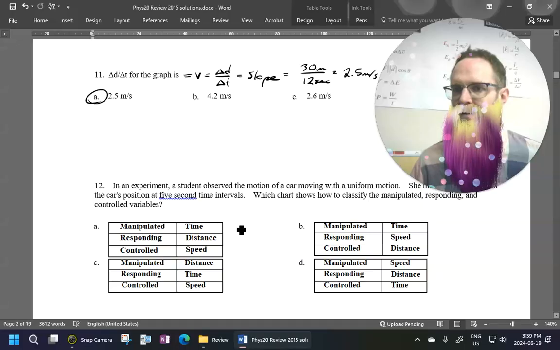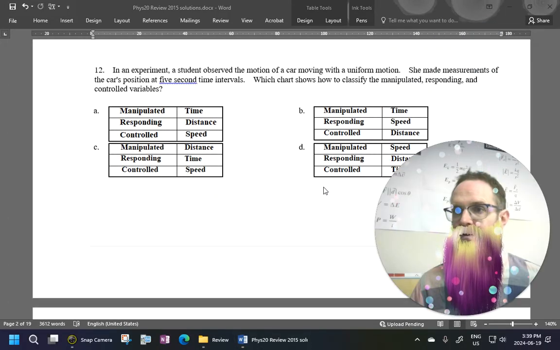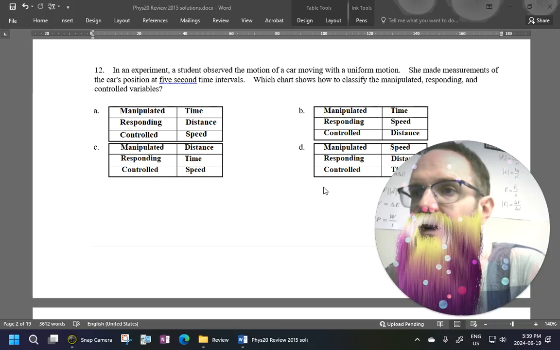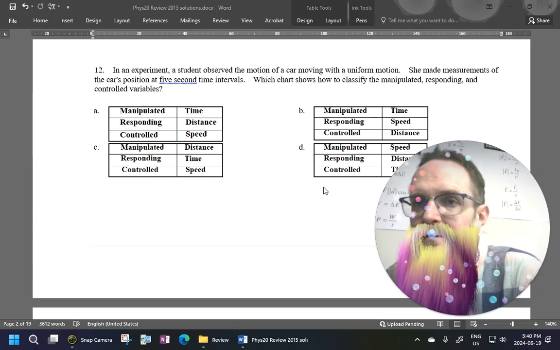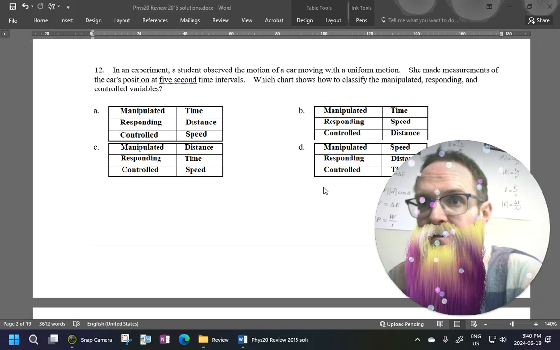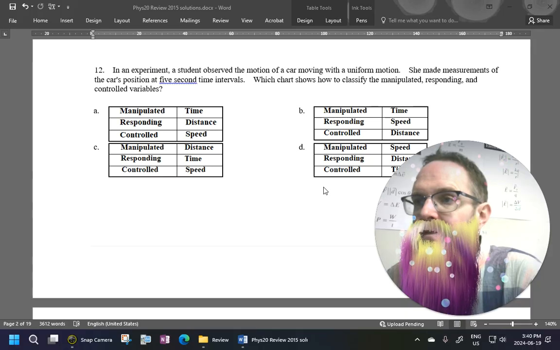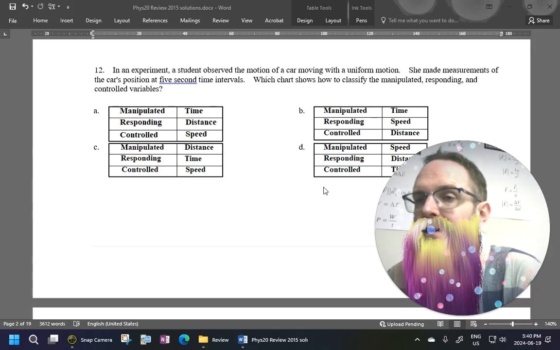Okay, so in the experiment, students observed the motion of a car moving with uniform motion. She made some measurements of the car's position over 5-second intervals. Which chart shows how to classify the manipulated, responding, and controlled variables?